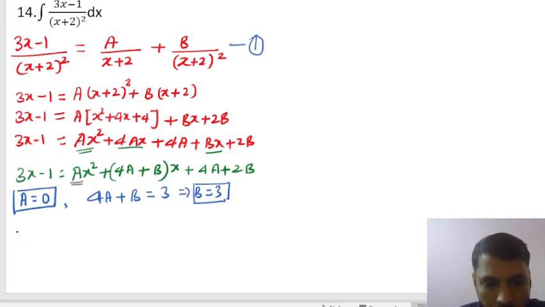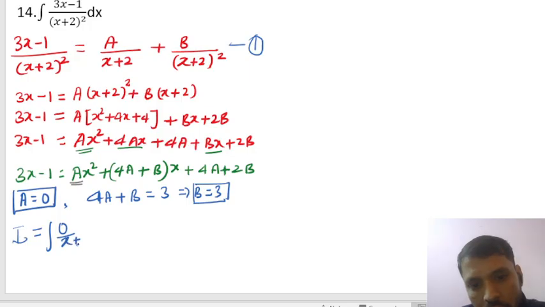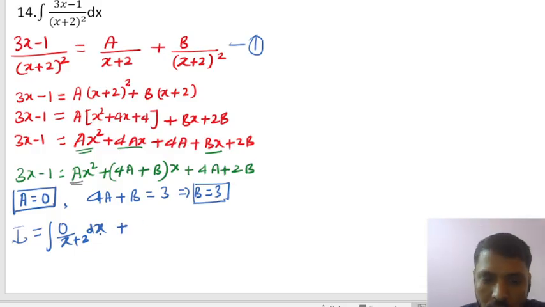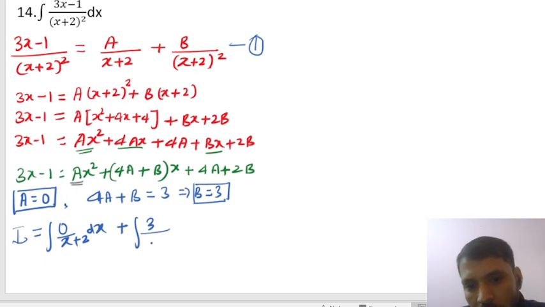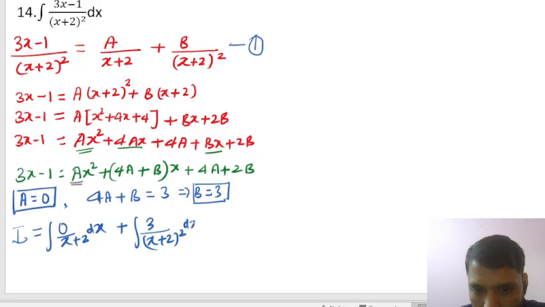If we take the integration on both sides, I is equal to a divided by x plus 2 into dx, means this first term is going to become 0. The b part is 3 divided by x plus 2 whole square into dx.